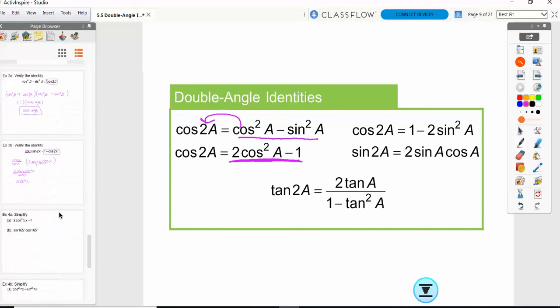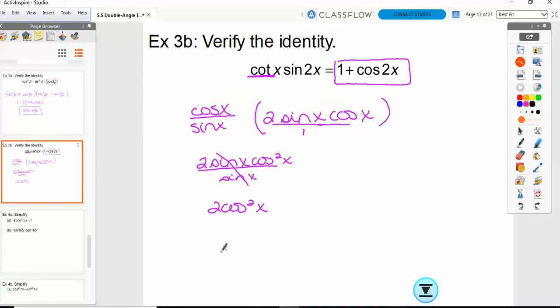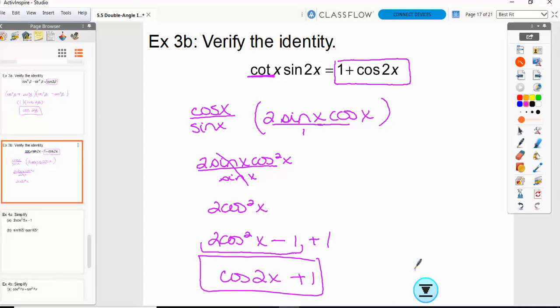So you're right. This would be the same as 2 cosine squared x minus 1 and plus 1, right? If I add and subtract 1, that turns into 0. This part is cosine 2x, and then we have a plus 1 on that. And we got it.